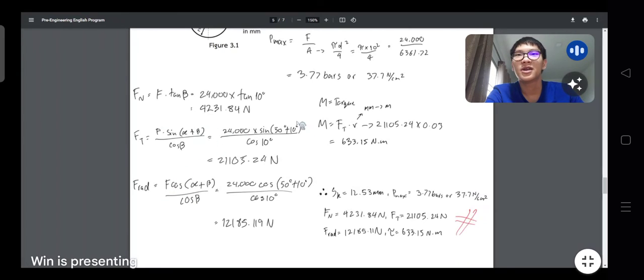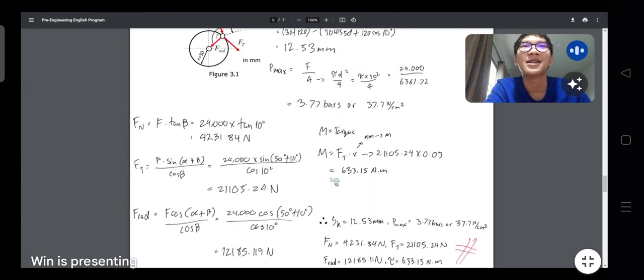So put the numbers together, and for tangent force we get 21,105.24 newtons. Radial force is equal to 12,185.119 newtons. And lastly, the torque.